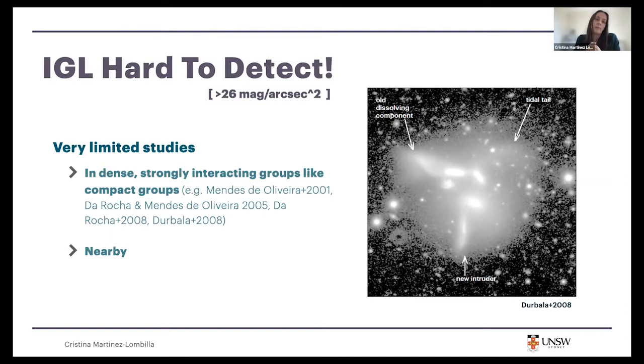It has basically been detected in dense, strongly interacting groups, like compact groups, as these strong interactions are able to expel the diffuse material to large distances. And of course, this detection has been achieved in nearby systems. I'm always talking about detections of individual groups, not using any stacking procedures.